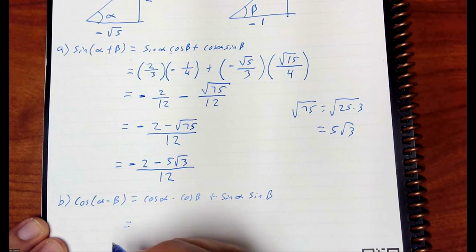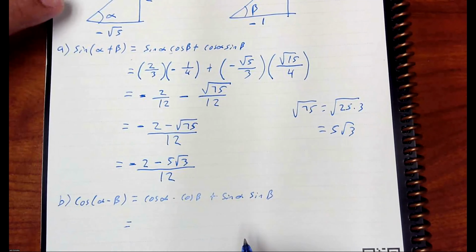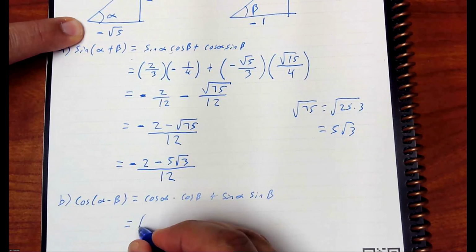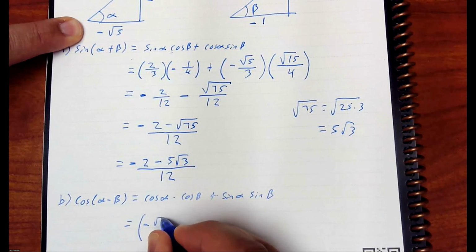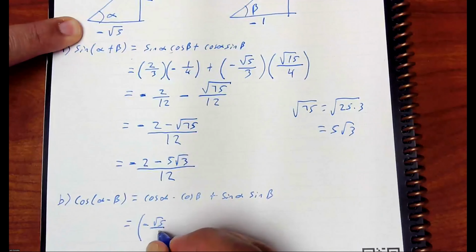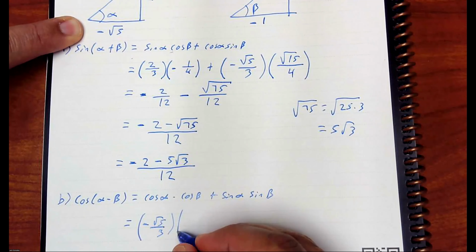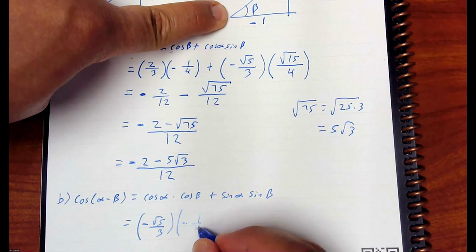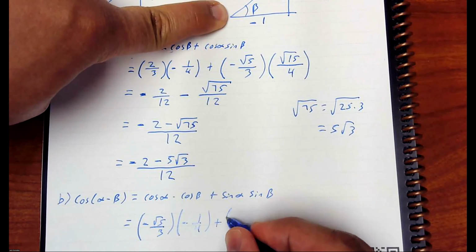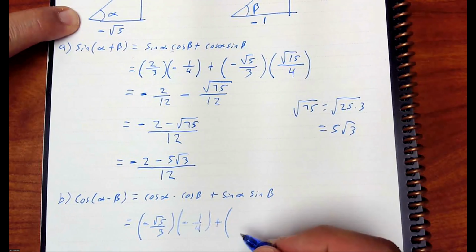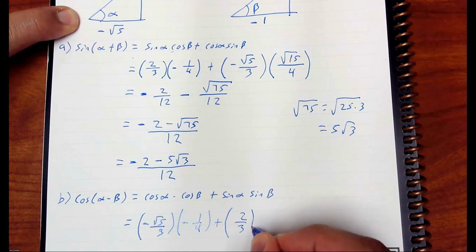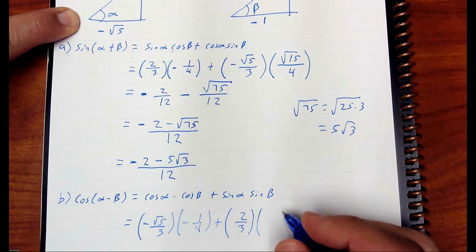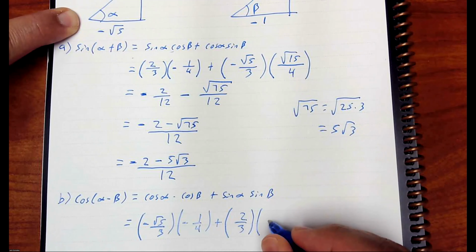So cosine alpha is -√5/3, cosine beta is -1/4, plus sine alpha is 2/3 times sine beta, which is √15/4.